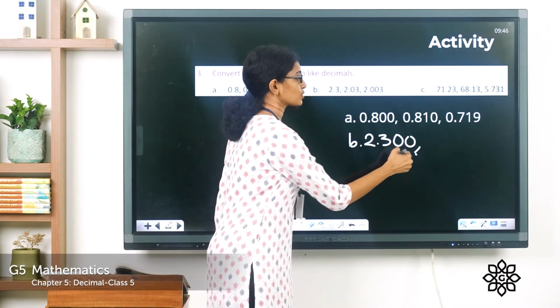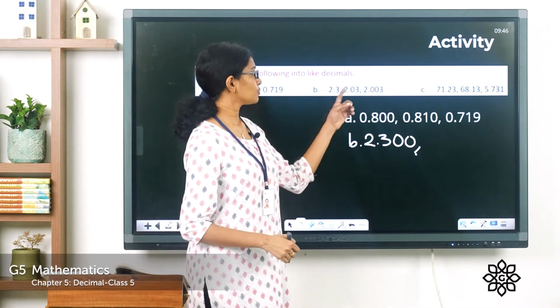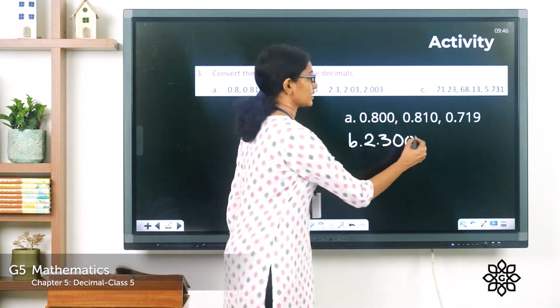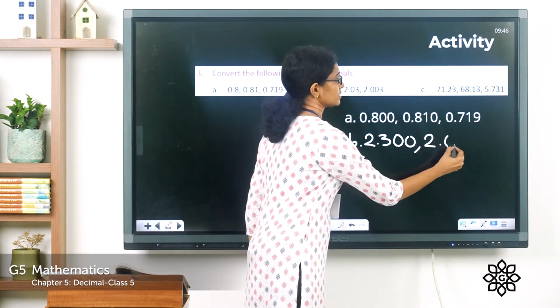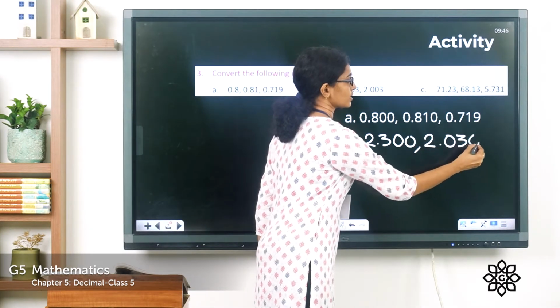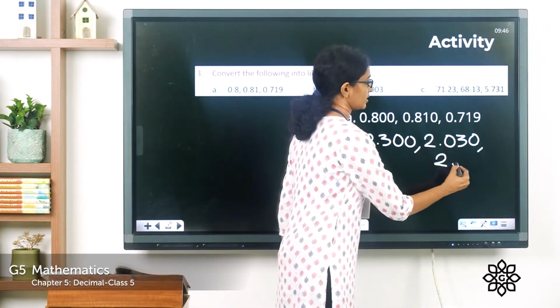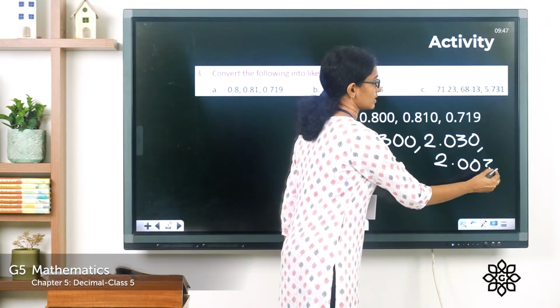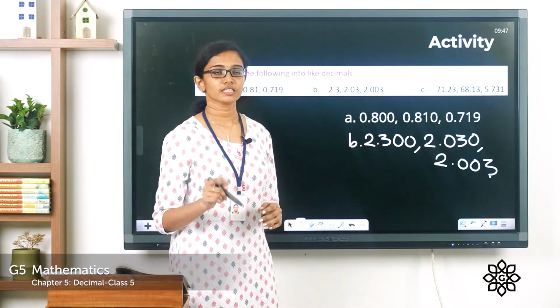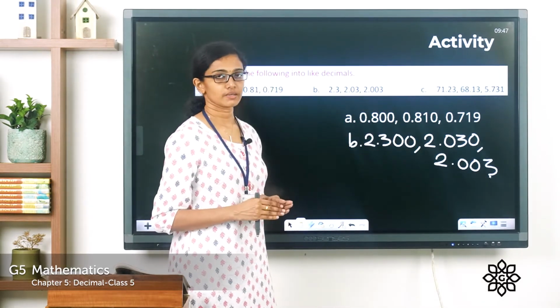We have added zeros to the extreme right. Now 2.03 can be written as 2.030 and then the third number 2.003. Now all the numbers have the same number of digits after the decimal point.